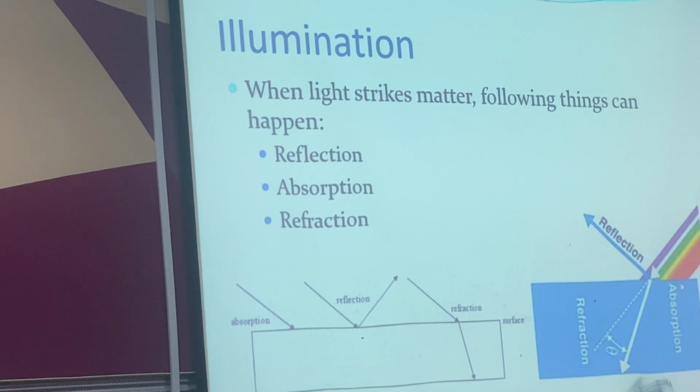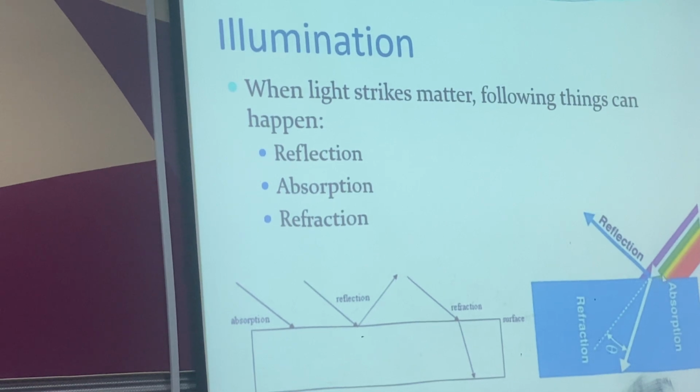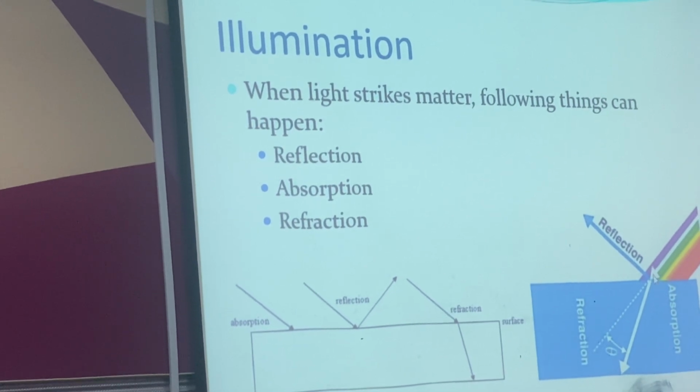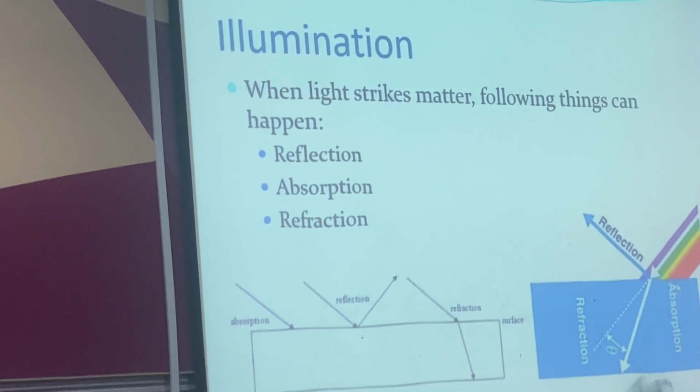See here, absorb, reflect. When you reflect, you have this theta, the angle of incidence. We'll see it later. So light comes to the object and is either absorbed, reflected, or partly both.